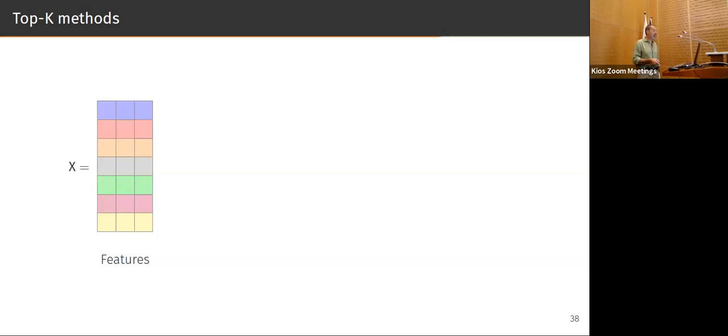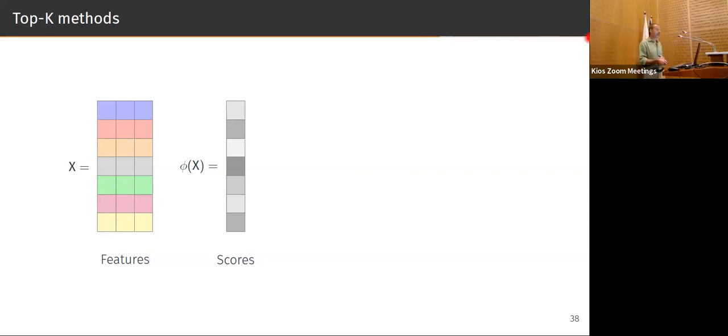In a top K, you have, let's say, the features. You apply a nonlinear function which provides the score. And this score basically says this node should belong to this cluster with some probability, and so on.